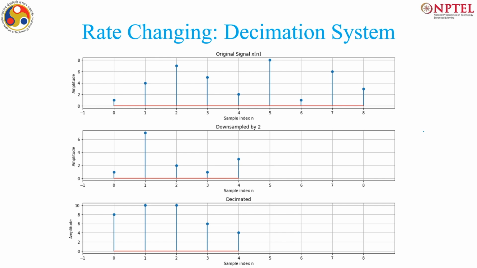So, this is what we are getting in the decimated system. We have to do this before downsampling actually: first we will do the decimation filtering and then we will do the downsampling.